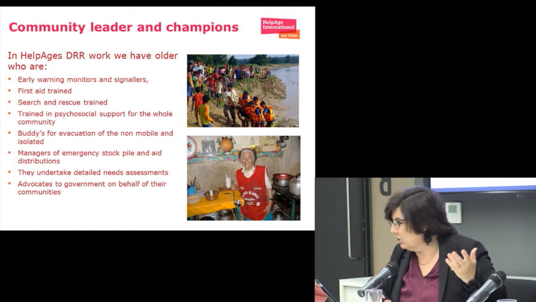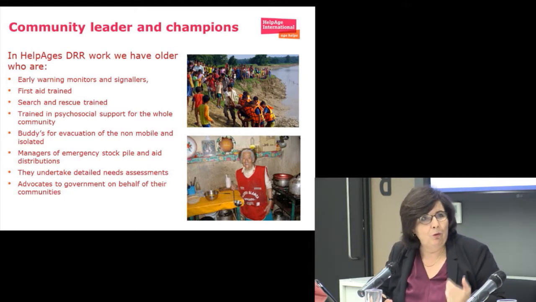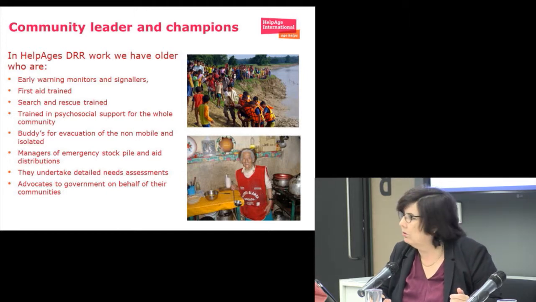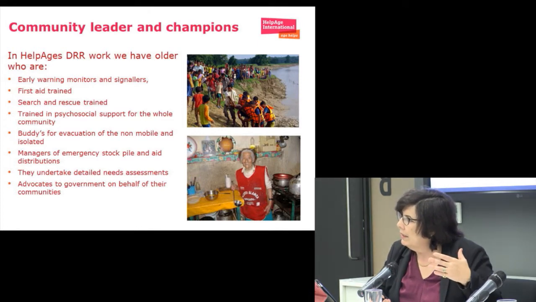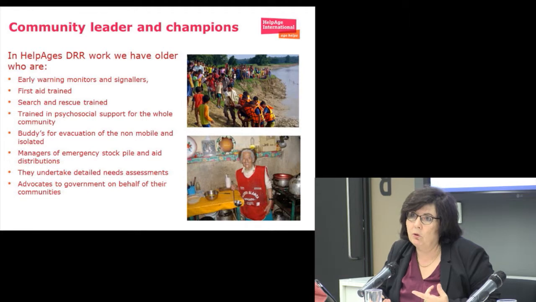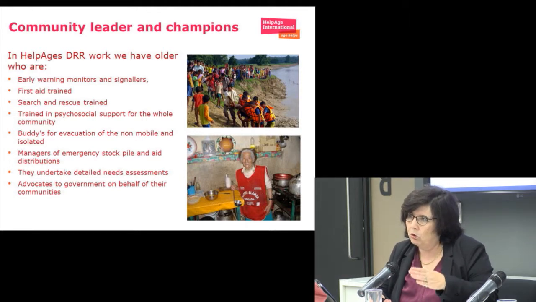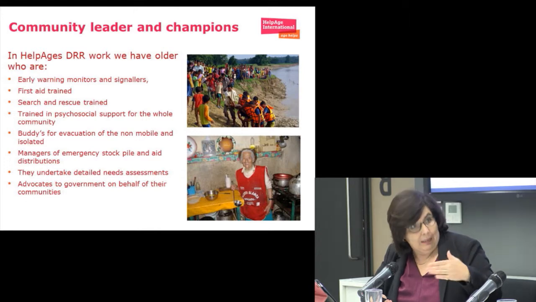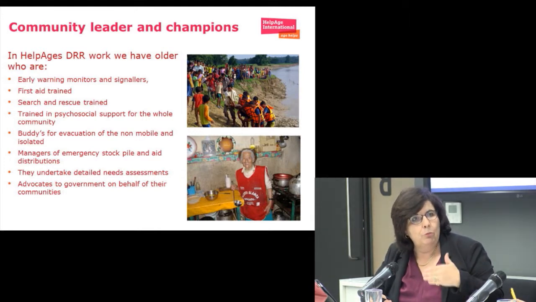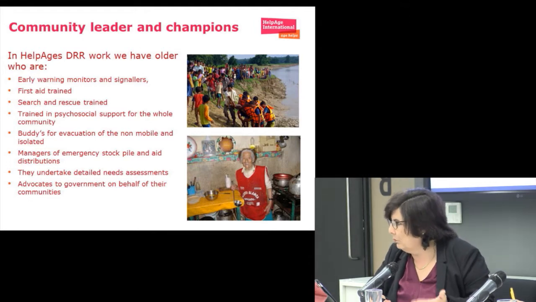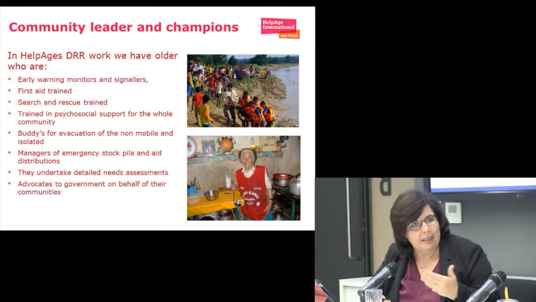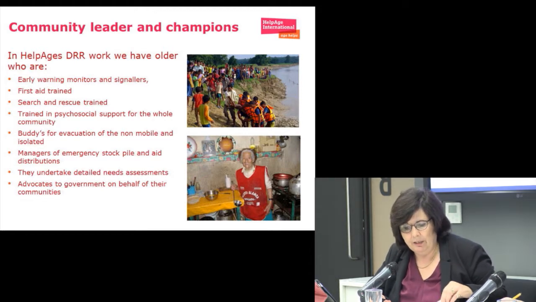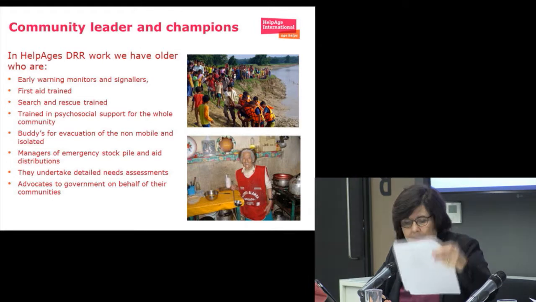Just to give you a brief example from the Philippines, where I've been able to visit two or three times after the disaster, and really see the role that older people themselves played in the support provided to other older people who were affected. Mobilizing older people to support other older people to access, for example, medical services, and to support them through that very difficult period immediately after the disaster, was extremely effective.